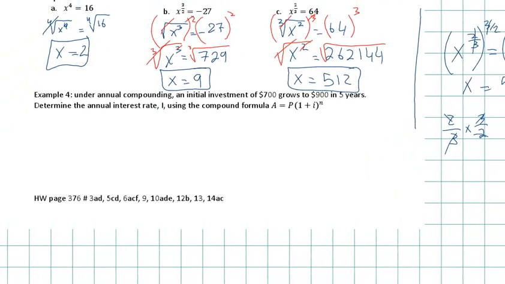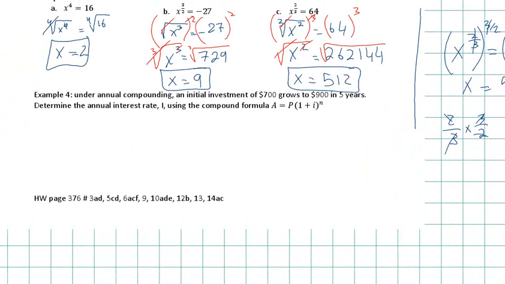Under annual compounding, an initial investment of $700 grows to $900 in 5 years. Determine the annual interest rate, I, using the compound formula A equals P times 1 plus I to the power of n. So what information is given to me? They gave me the formula.